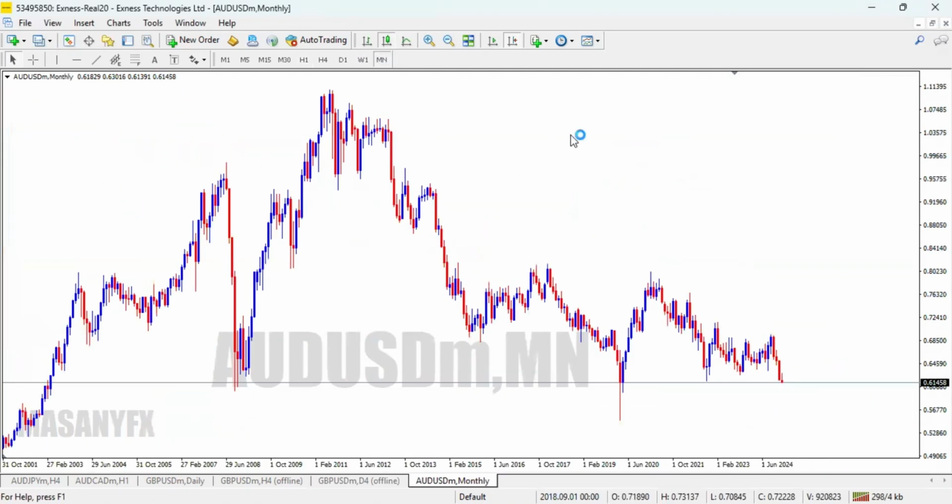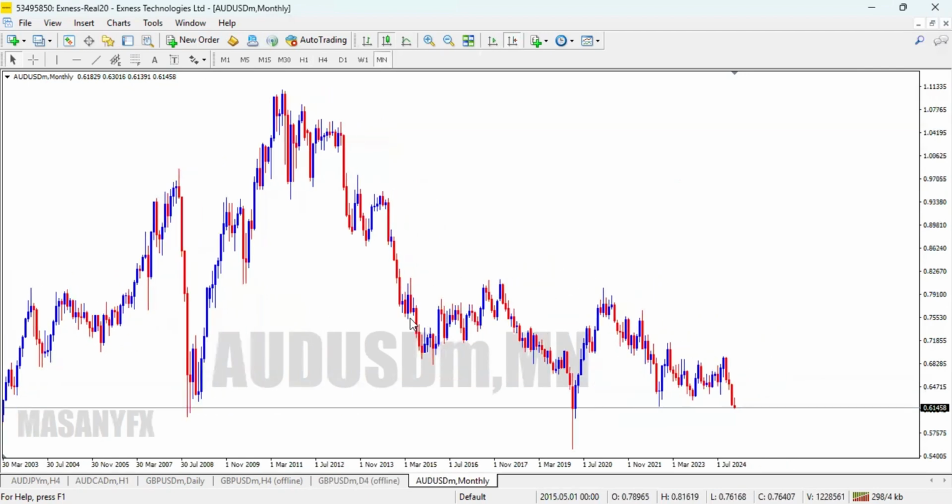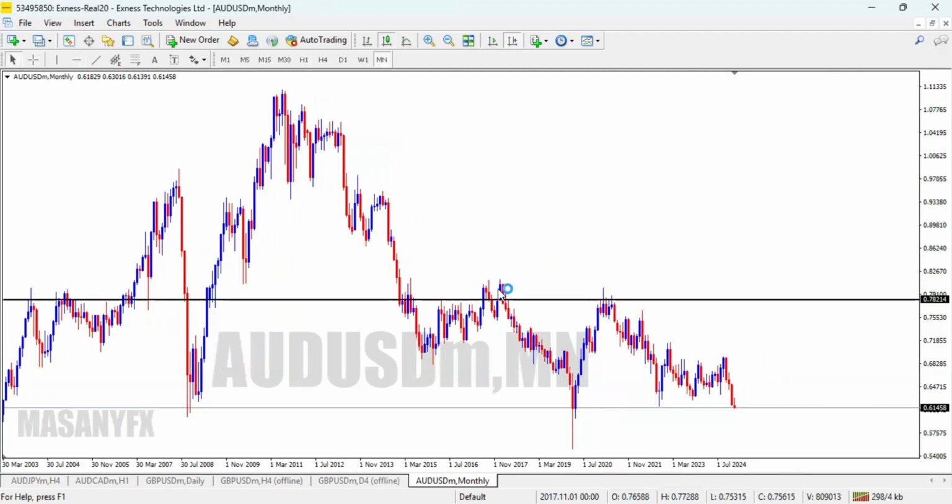Let me check AUDUSD on a monthly time frame. It seems like they are doing the same thing. What I see here on the monthly time frame is that here was a fresh supply zone. If I start analyzing from here, it is going down.